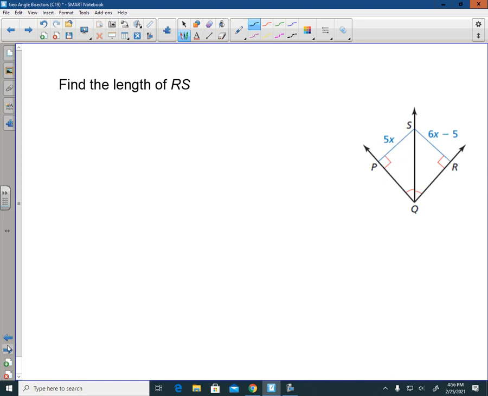We can also use this to solve problems like this. Now let's take a look at what we have. So we have the angle bisector theorem that says if a point, right here, is on the bisector of an angle, notice how you have congruent angles, so that point is on the bisector, then it is equidistant from the two sides, which means that this distance is the same as that distance.